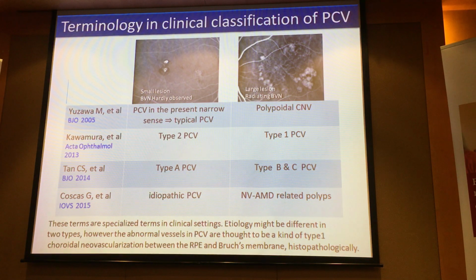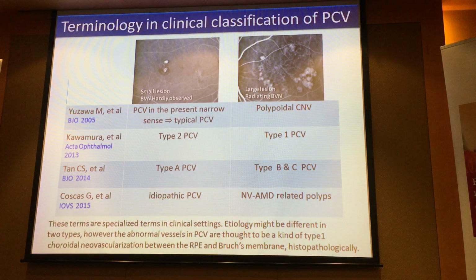And on the right side, the large region with a radiating BVN is called polypoidal CNV. There are three other types of PCV, but it is very complicated. These terms are specialized terms in the clinical setting. Etiology might be different in the two types.